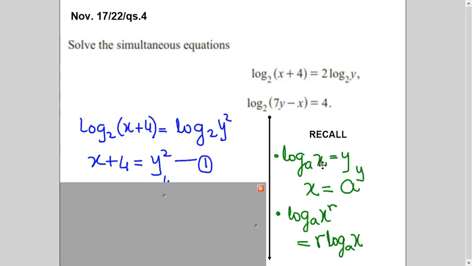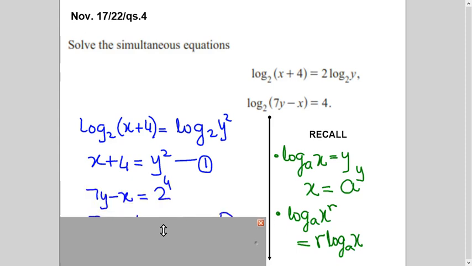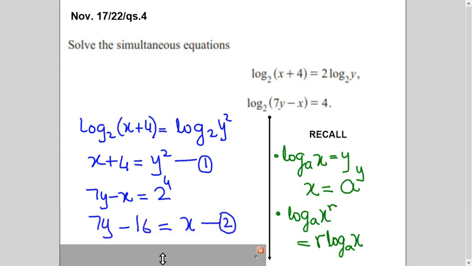Your x here is 7y minus x, base a is 2, and y is 4. Comparing with the rule, it becomes 7y minus x equals 2 power 4. Further simplifying, you get 7y minus 16 equals x. I have taken this x to the other side, and 2 power 4 is 16, which I have brought to this side.